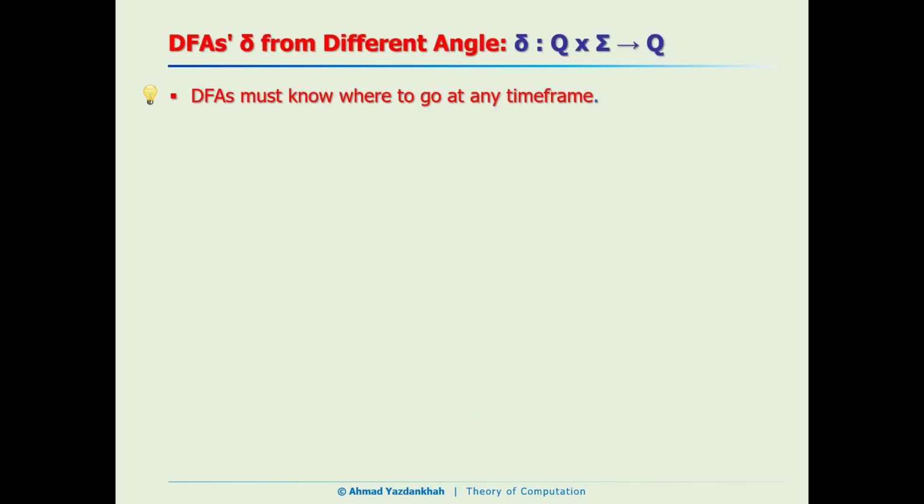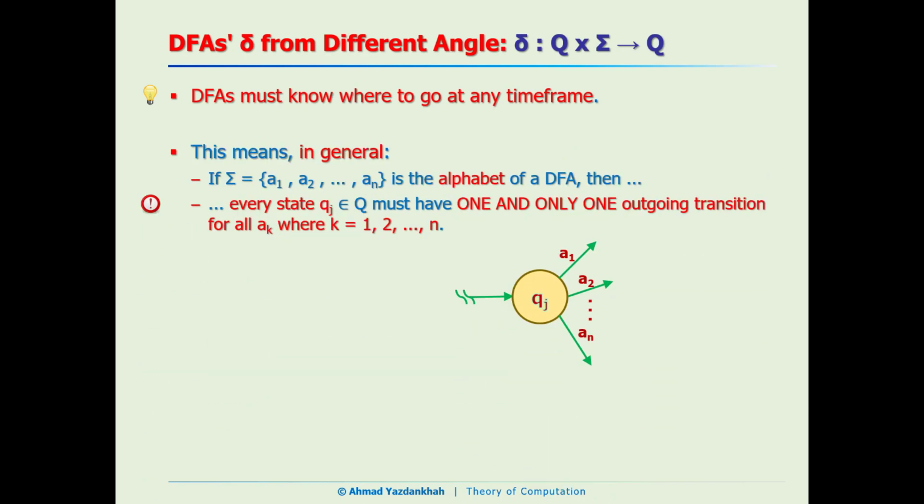Now let's look at the delta from another angle. Actually, this is what I explained before. If we have a state like this, and if we have this alphabet, if we want to have a total function, then it means that for every state, we need one outgoing transition for every symbol of the alphabet.